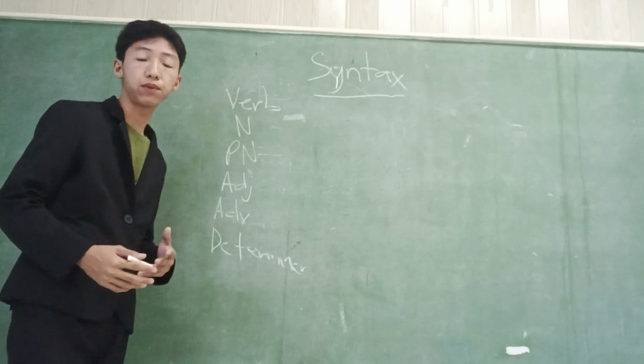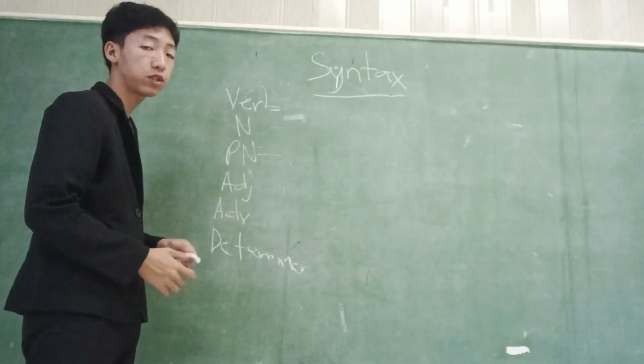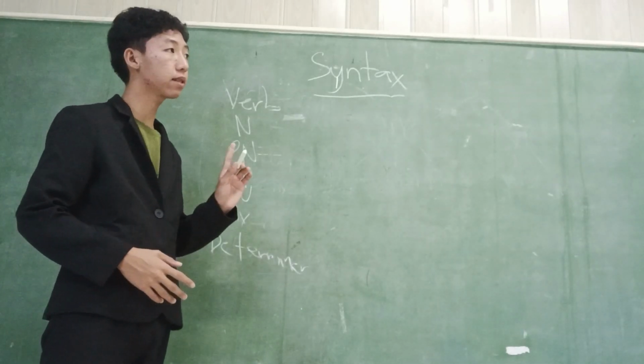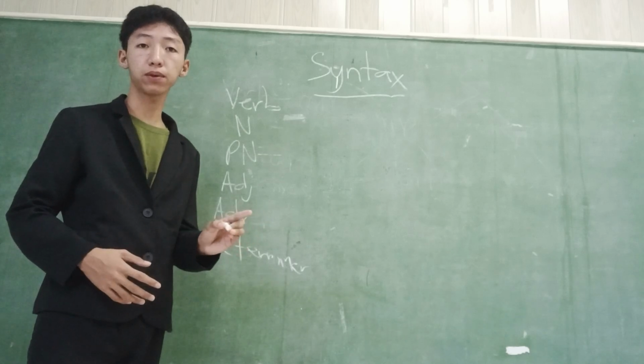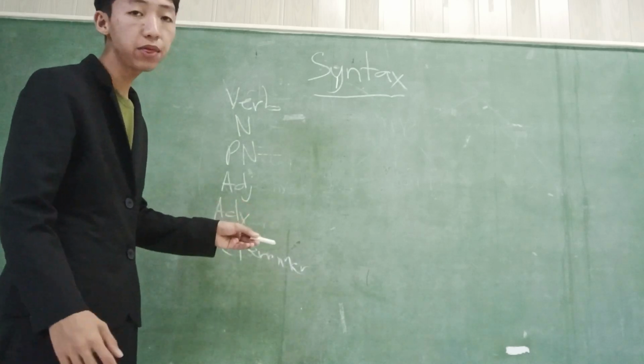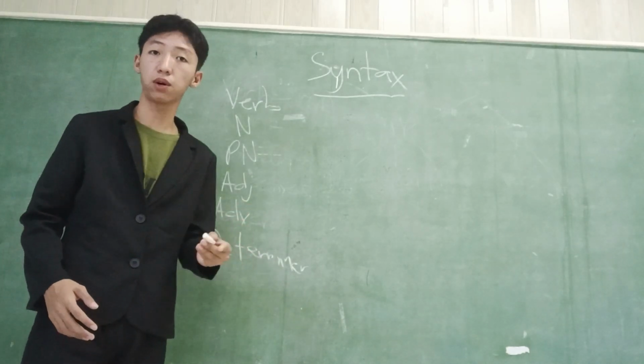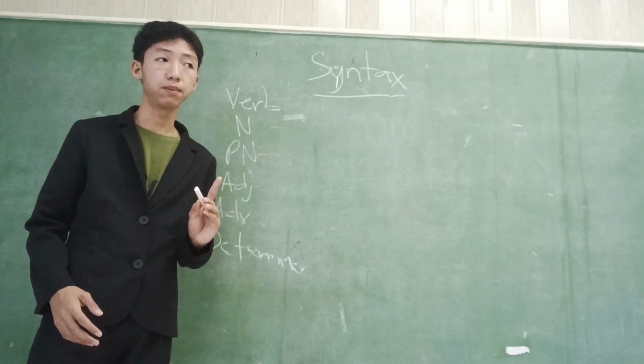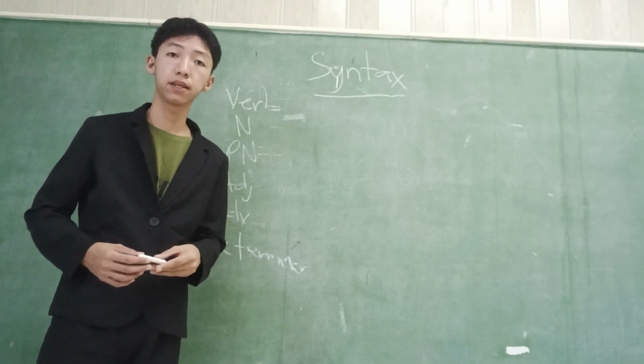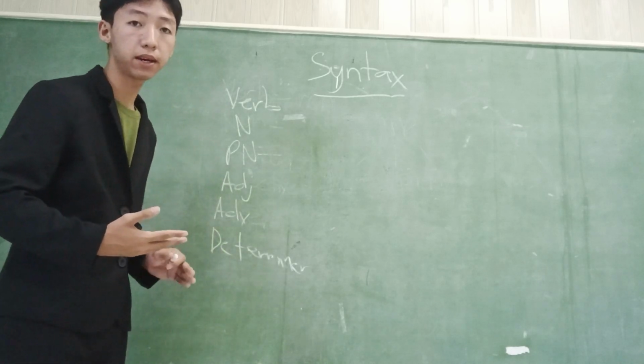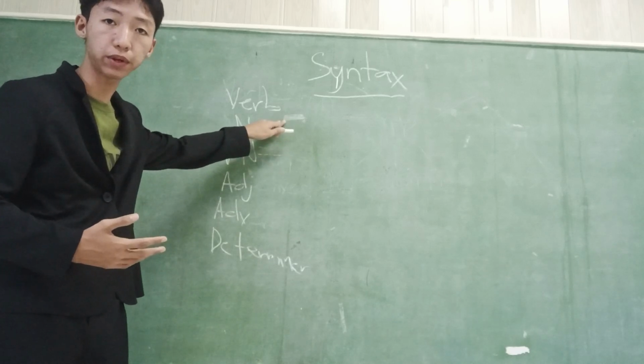So what is a verb? A verb is an action word. Anything that describes an action can be called a verb. Run, walk, talk, sleep, eat. Those are the words that are called verbs, action words.